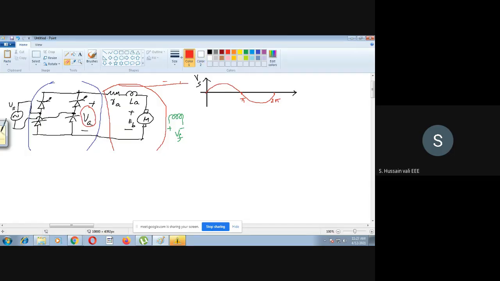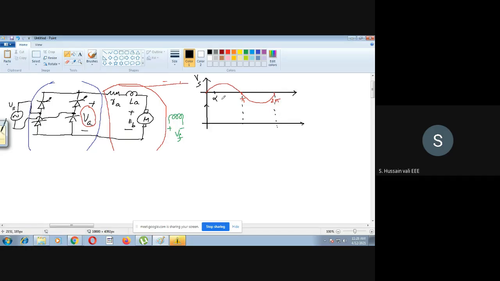So now we will draw the waveform for the output voltage. So we'll see these things. This is pi.